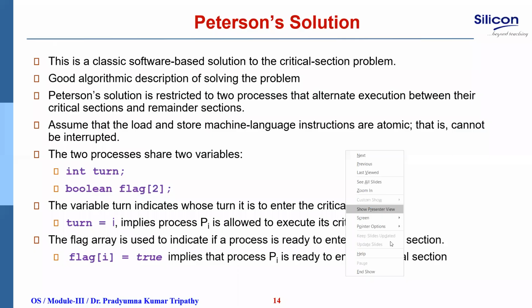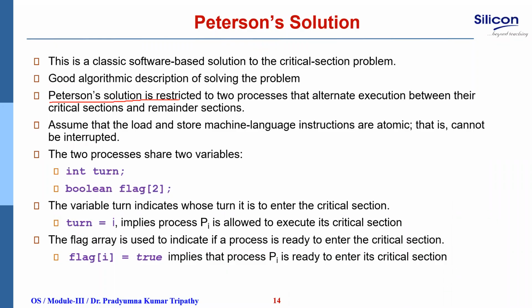What is the limitation of this Peterson solution? It is restricted to two processes that alternate execution between their critical section and the remainder section. So if two processes want to enter the critical section, then this Peterson solution will work. This is not the only restriction.